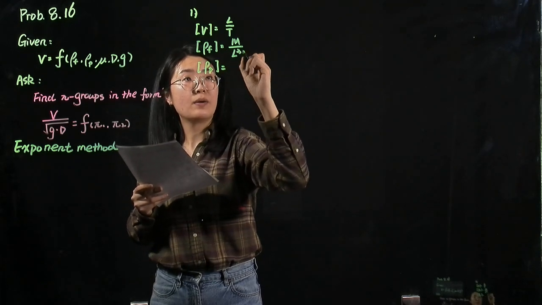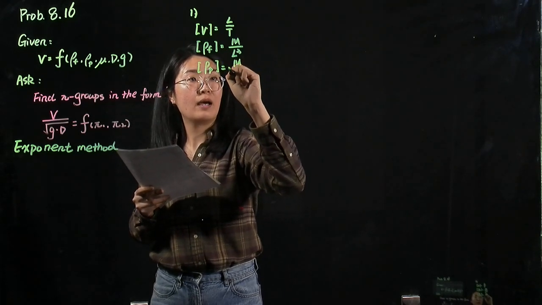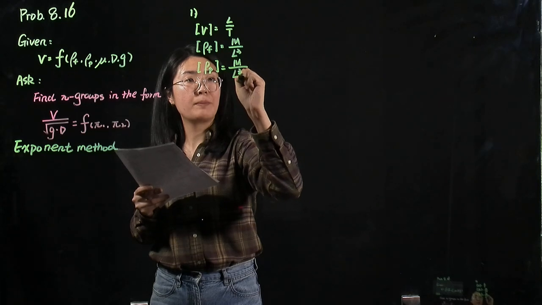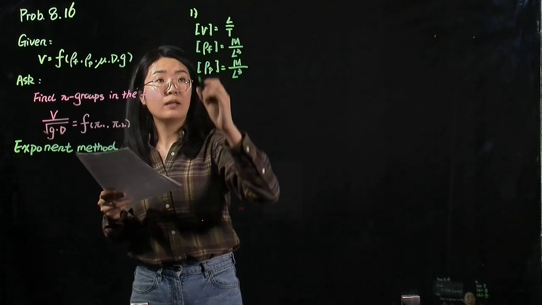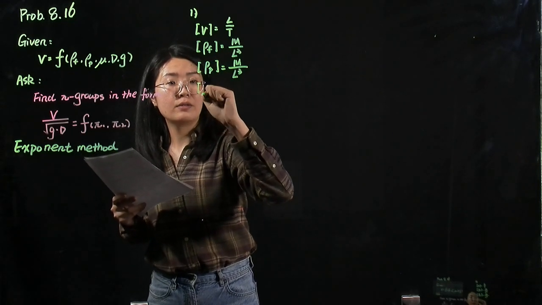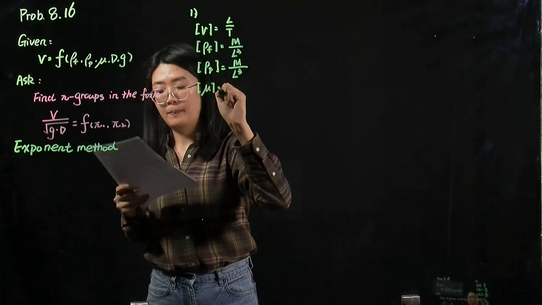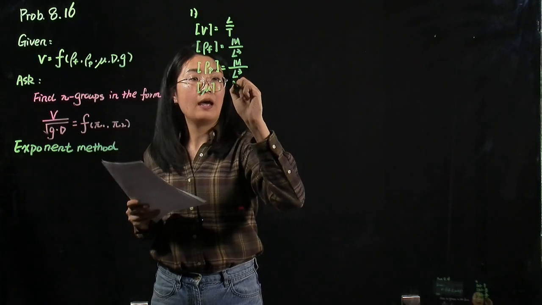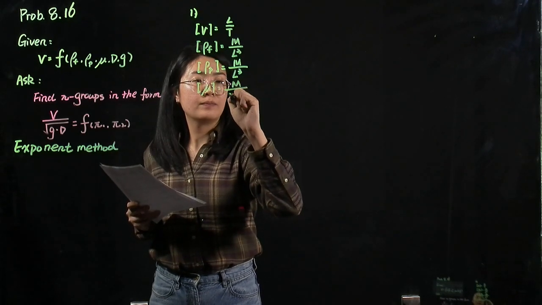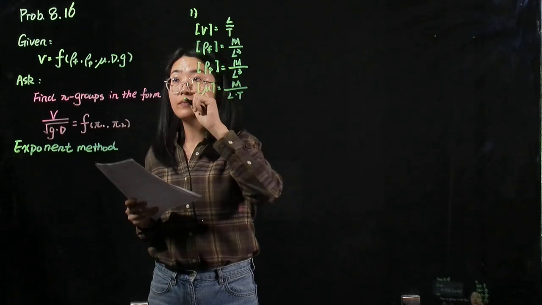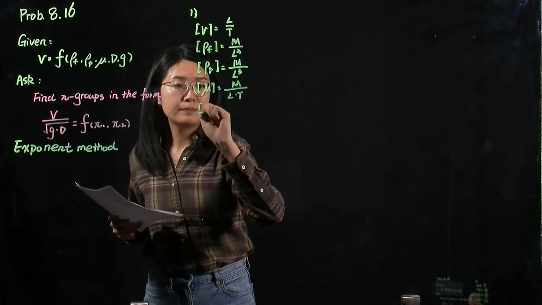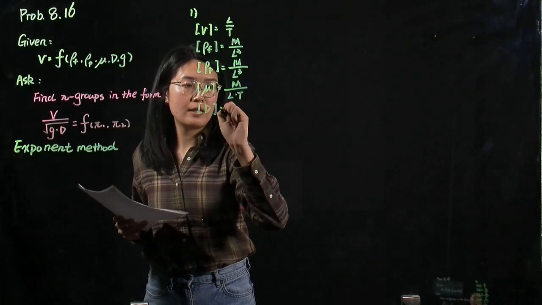Sorry. So it equals M/L to the power of 3. And then the viscosity is M/(L times T). The diameter's dimension is L.